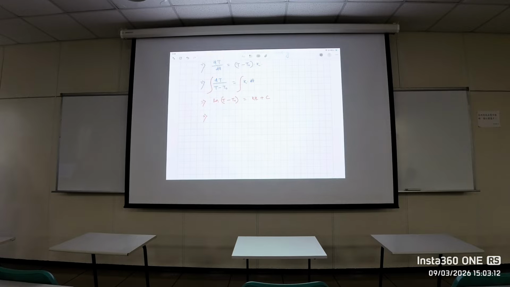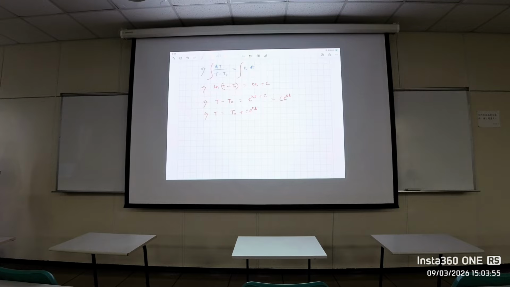That means I can rewrite this one, T minus T0 is equal to e to the power kt plus c, or I can simply rewrite this one, c e to the power kt. Now I can write T is equal to T0 plus c e to the power kt.